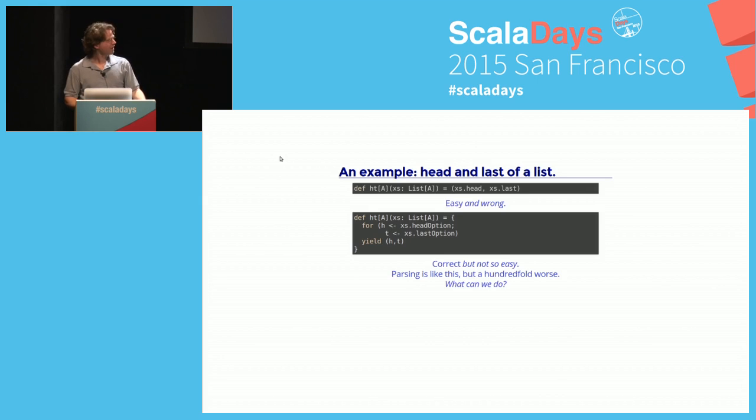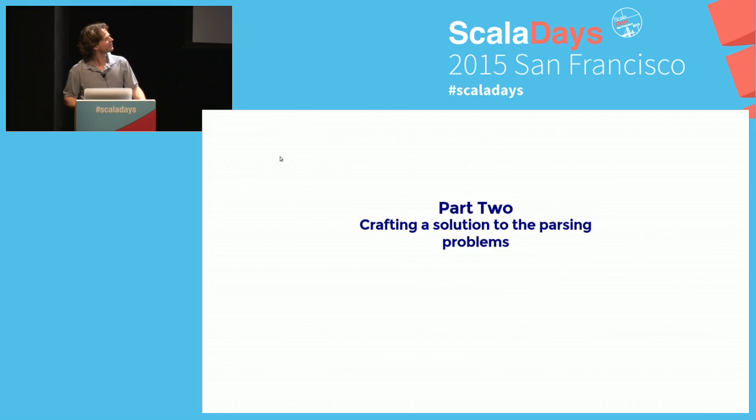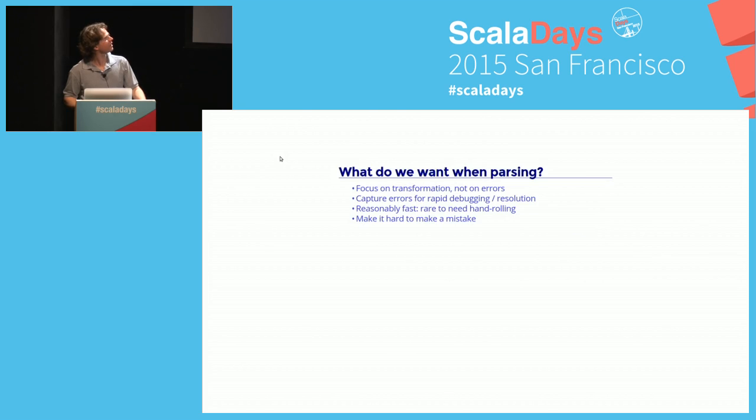And so how do we deal with this? Okay, so what we would like is to be able to focus on the information, on pulling out the parts that we know are there. We'd like to capture errors, so when we have done this wrong, we think we know what to do, but either we did it wrong or the data is wrong.